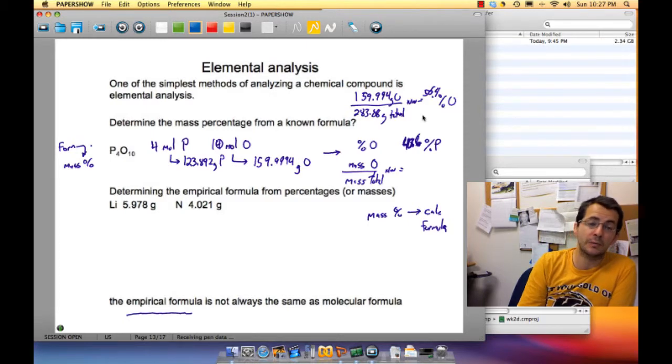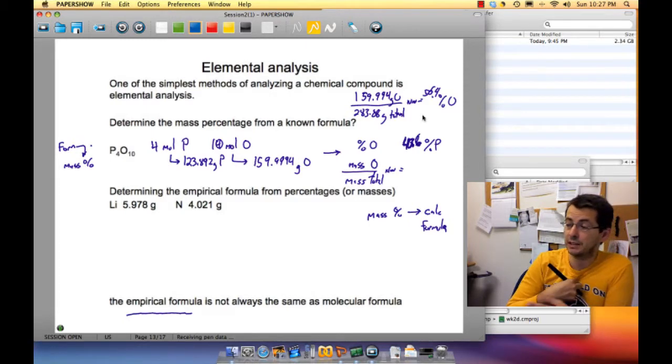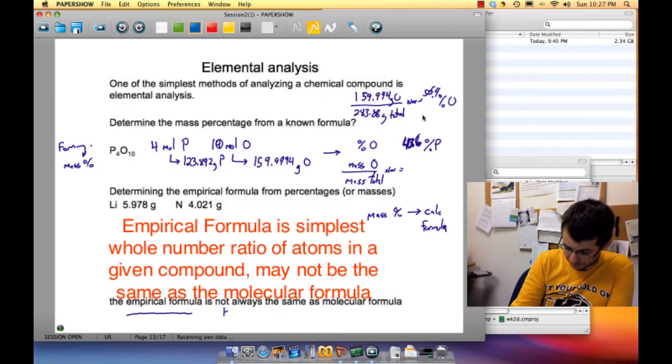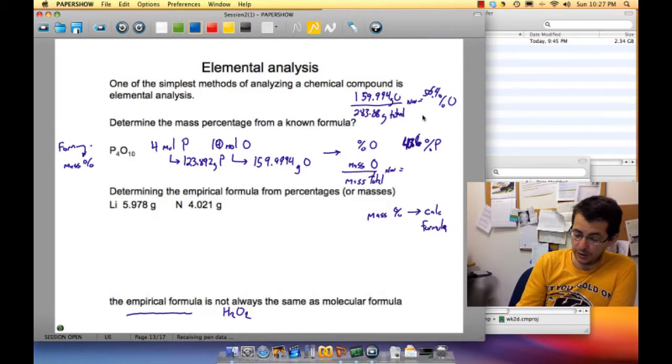The empirical formula, as the name implies, empirically derived, is usually derived from real-world data. The empirical formula is the simplest whole number ratio of atoms. For instance, H2O2, there's a simpler ratio that would describe the relationships between the hydrogen and the oxygen. The least common denominator in this case, 1-to-1.